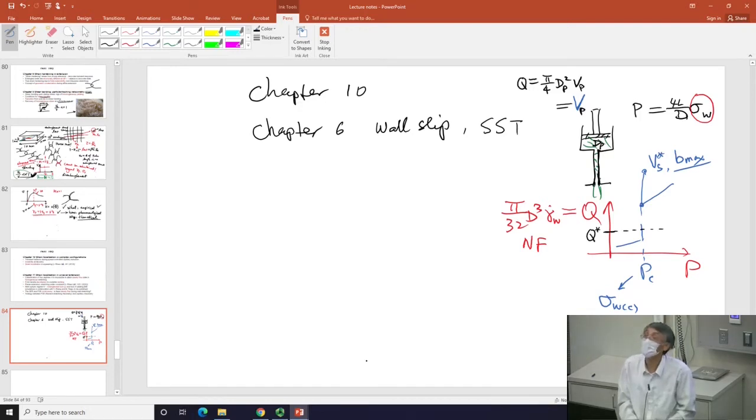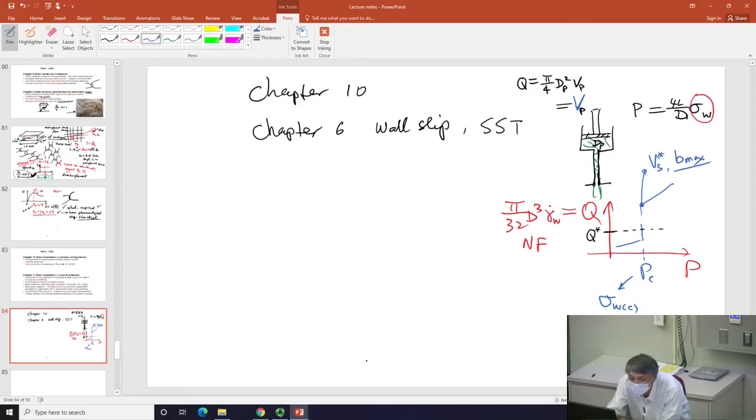And this is crazy. Let me tell you what I mean by crazy. If your piston speed is so high, it produces a Q here, or it produces a Q so low, you produce a Q here. No problem. You get these two points.